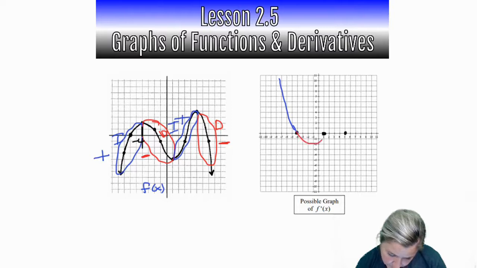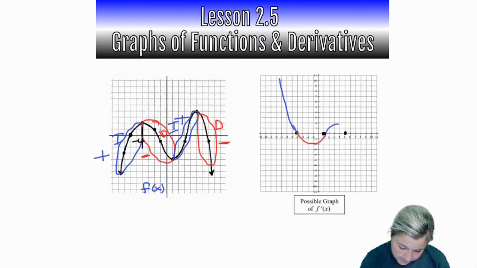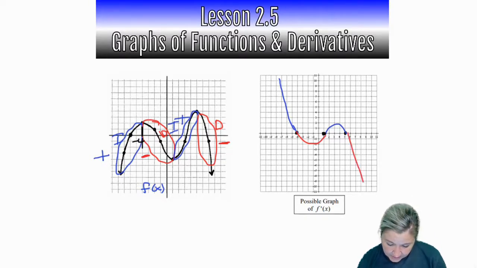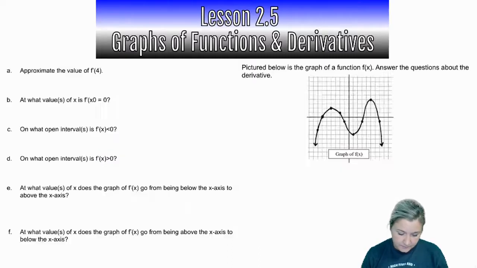And then my f of x is increasing, so it's going to be positive again, but then it's going to drop back down to being decreasing the rest of the way, and that would make a negative slope. So our f prime of x, our derivative graph, could look something like this. It's not necessarily exactly that, but pretty close.